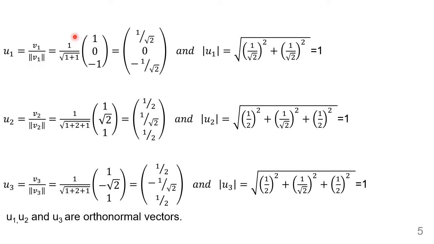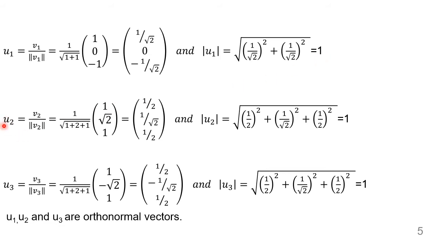That gives you 1 divided by root 2, times 1, 0, minus 1. So the resultant is 1 by root 2, 0, minus 1 by root 2. If I calculate the length of U1, I get the answer as 1. It turns out to be a unit vector.